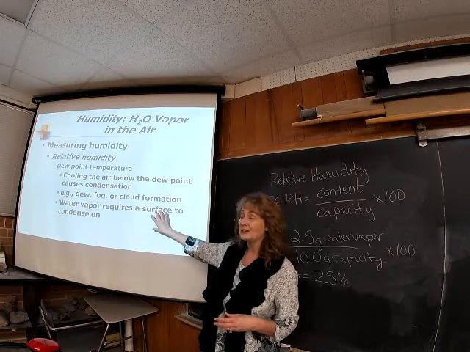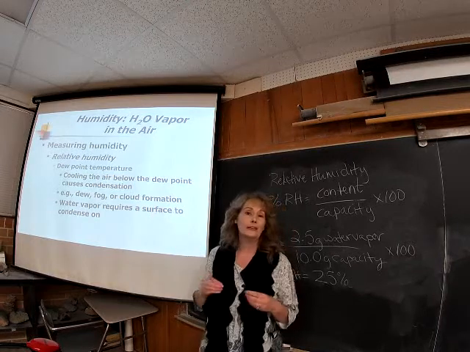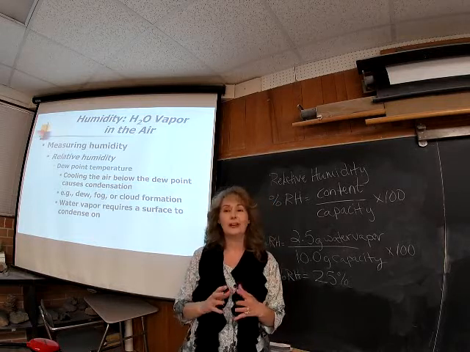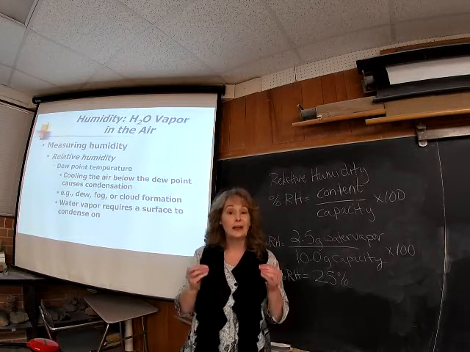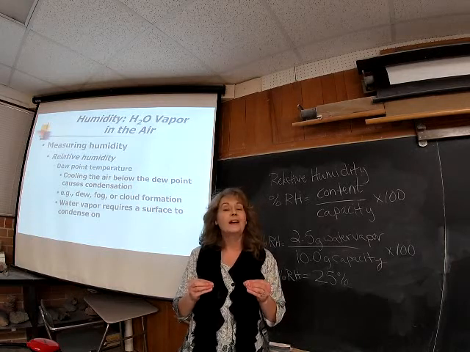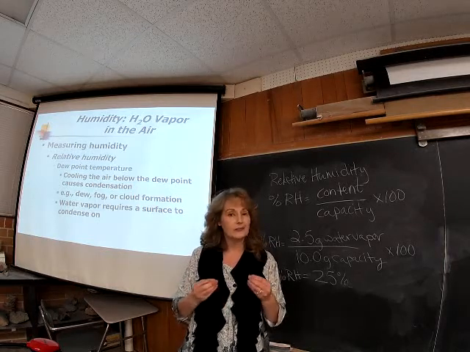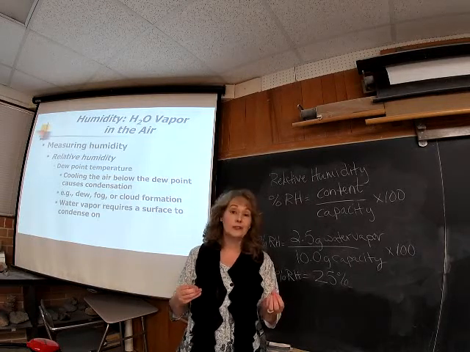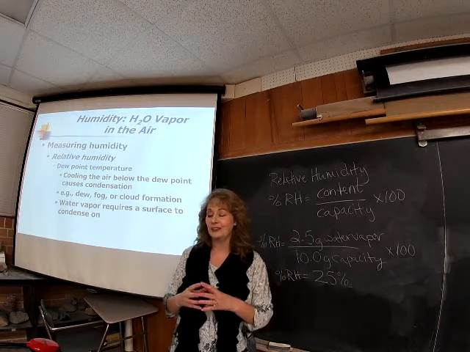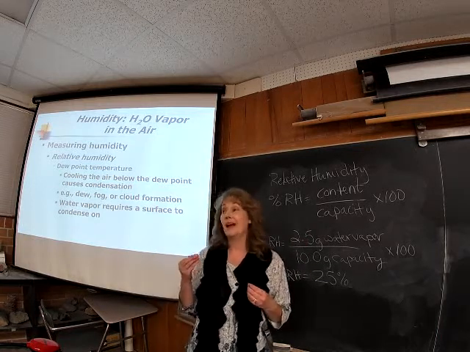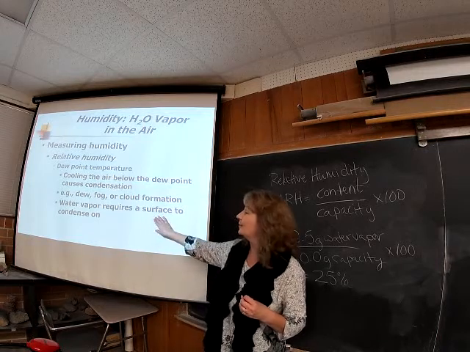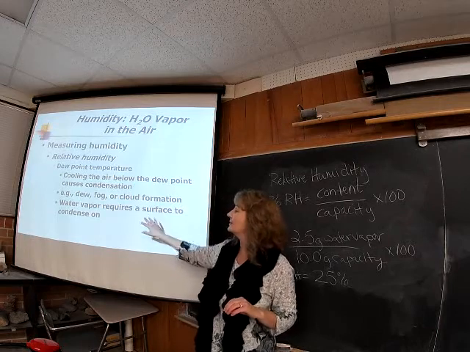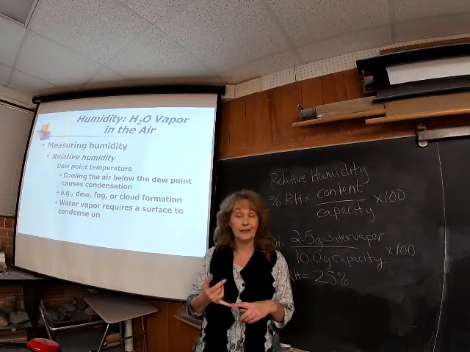Now, in order to actually condense, water vapor needs a surface to condense on. And so in an earlier chapter, we talked about those aerosols, this was last chapter, the aerosols, the dust, those little solid particulate particles, the dust, pollen, soot, you know, it makes the beautiful sunsets, that sort of thing. But that is something that the atmosphere needs, right, for the water vapor to condense on, the little aerosols, to create a cloud even.